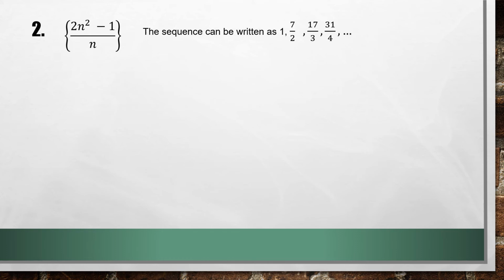Now, let us determine if the given sequence 2n squared minus 1 over n has a lower or upper bound, or both.